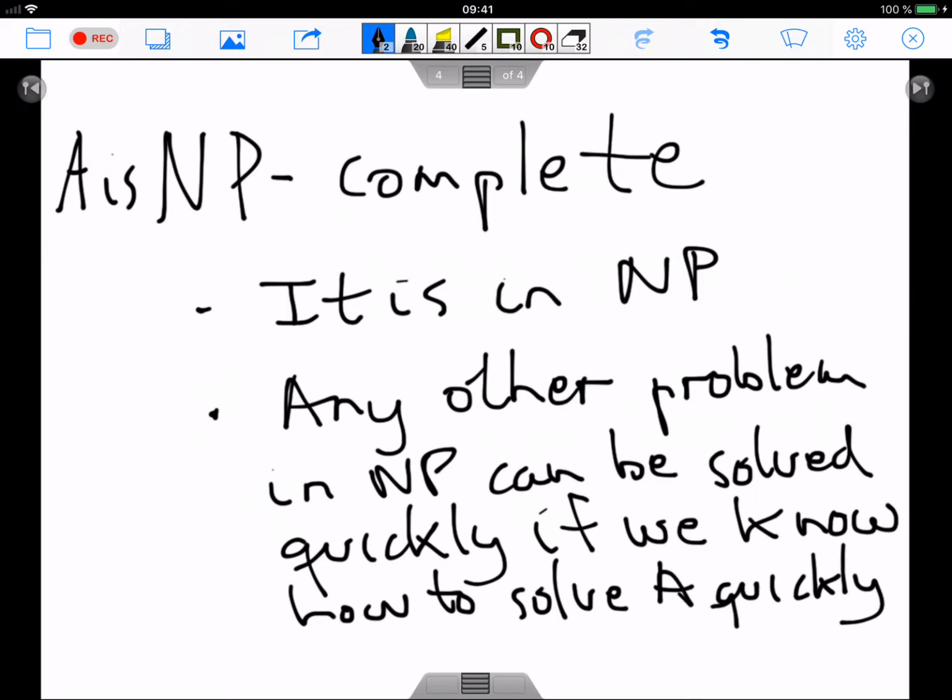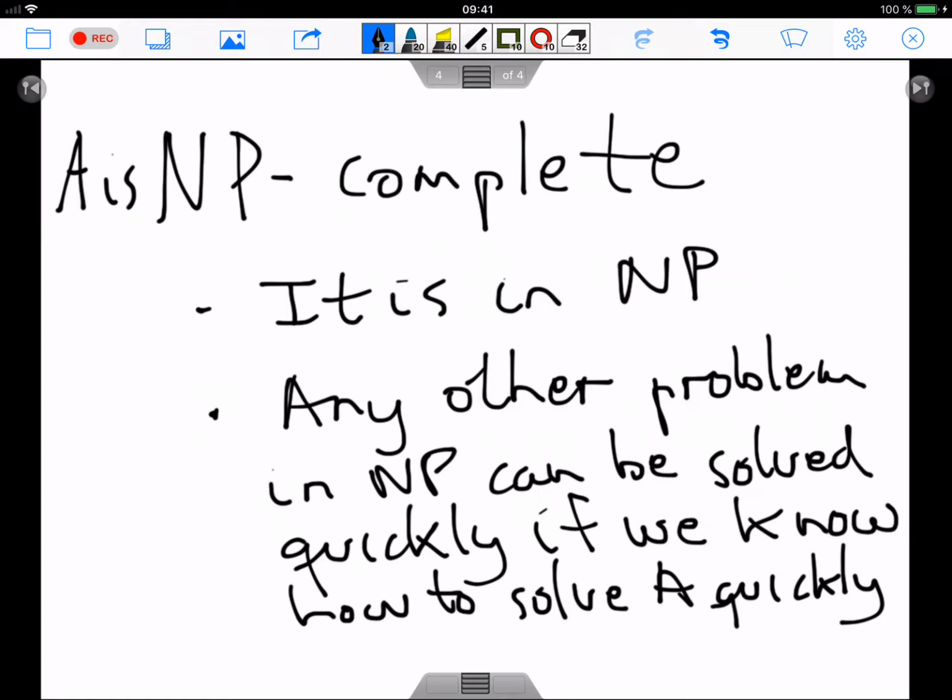So in a way, NP complete problems are the most difficult among the NP problems. They are problems that can be easily checked, but if we knew how to solve these problems quickly, then we could also solve quickly any other problem in NP. We don't know whether we can solve them quickly or not, but if we could solve them quickly, then any other problem could be solved quickly.